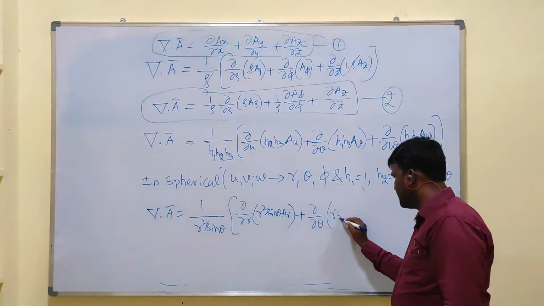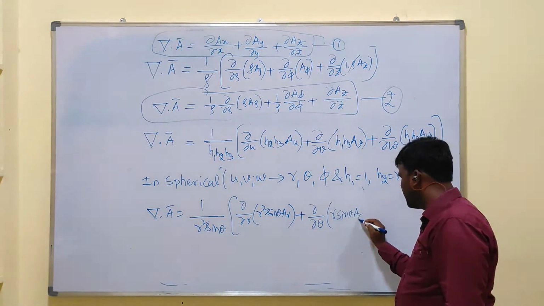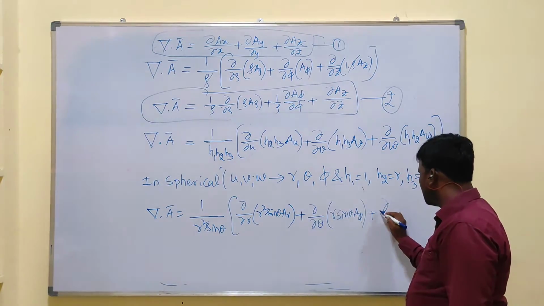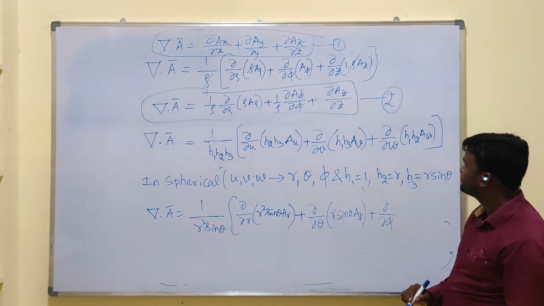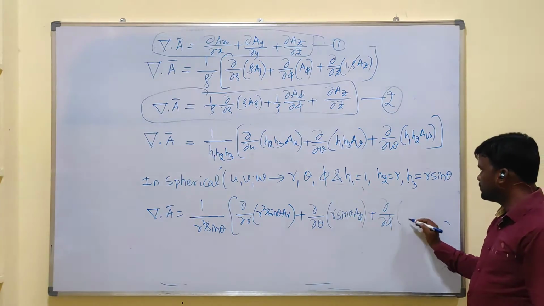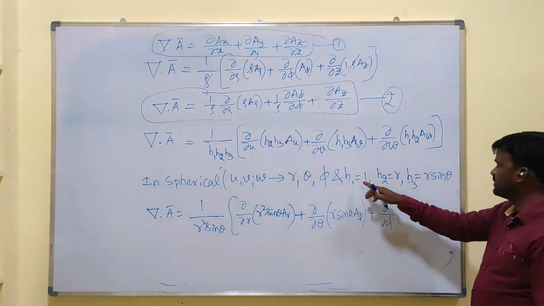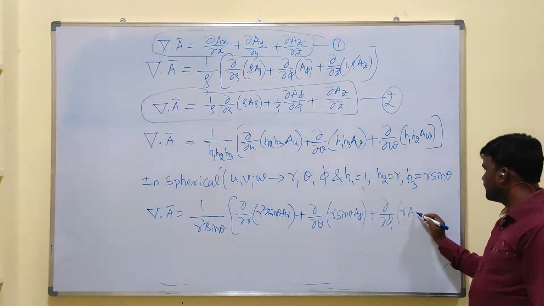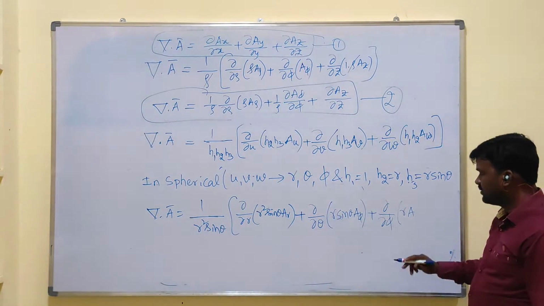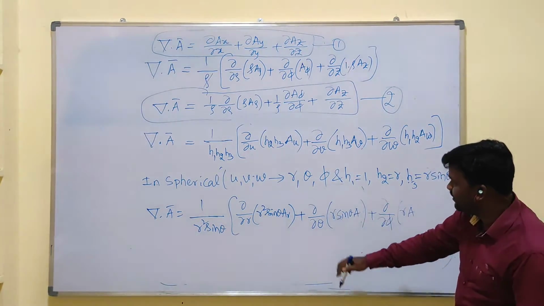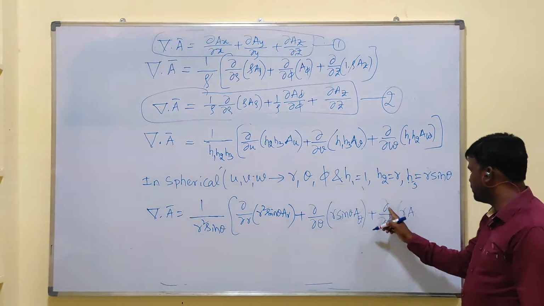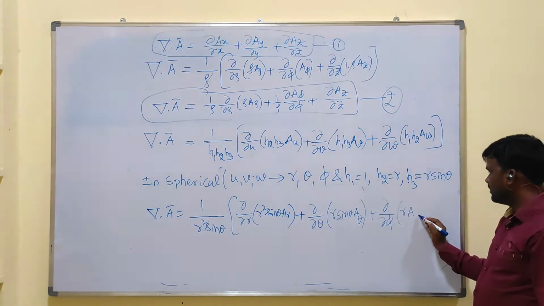So that's why I am writing here R sin theta A theta, plus ∂/∂phi of h1 h2, that is R, A phi.